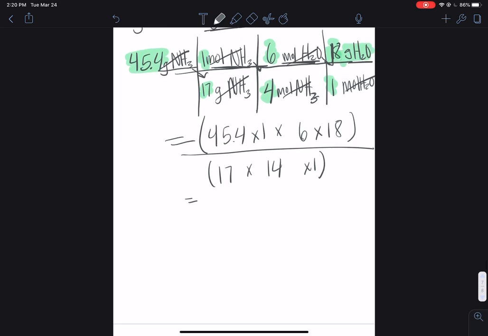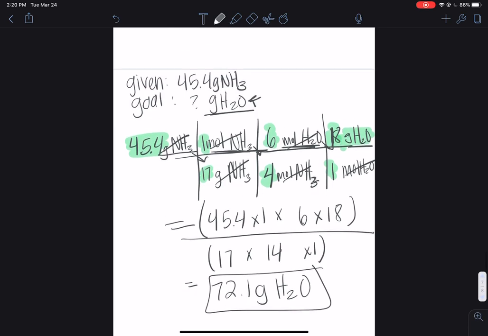Your answer should be 72.1 grams of water. Either way you want to do it, I'm going from grams of substance A to moles of substance A. Moles of substance A to moles of substance B. Moles of substance B to grams of substance B, and that gets me where I'm trying to go.